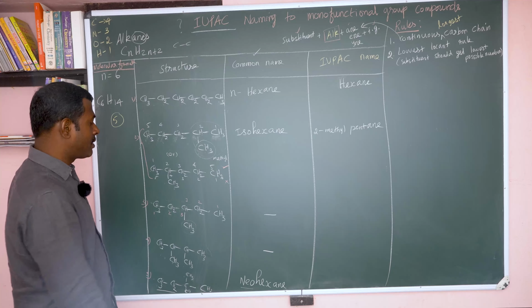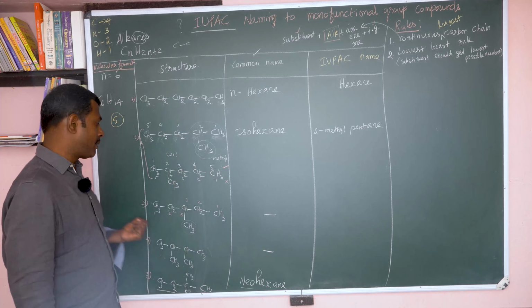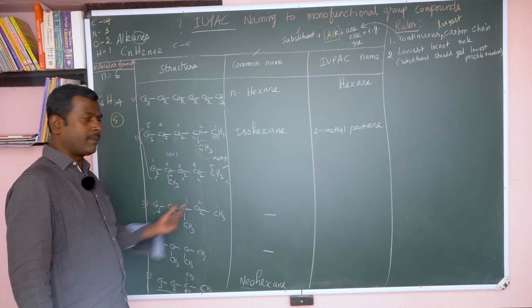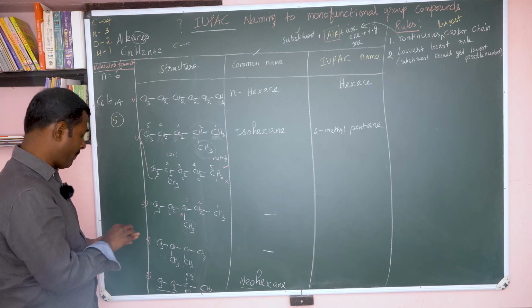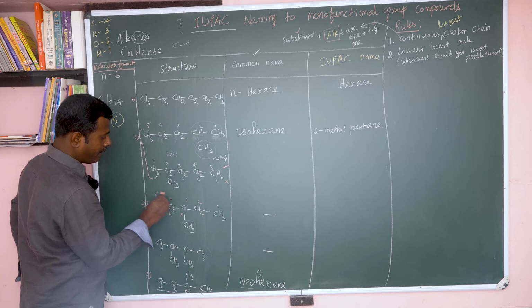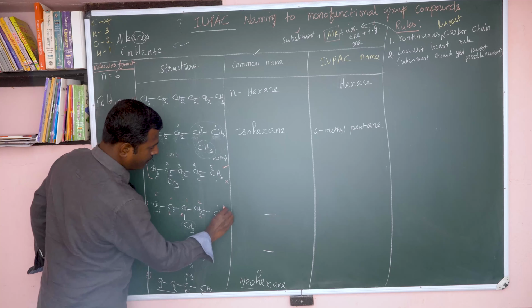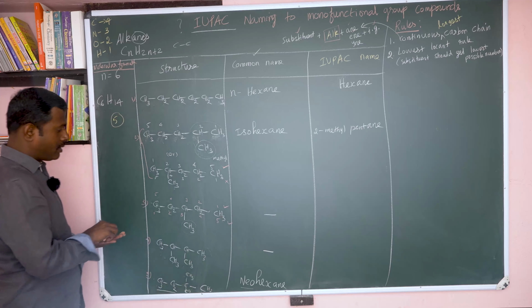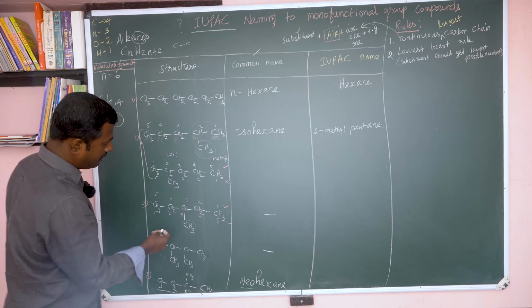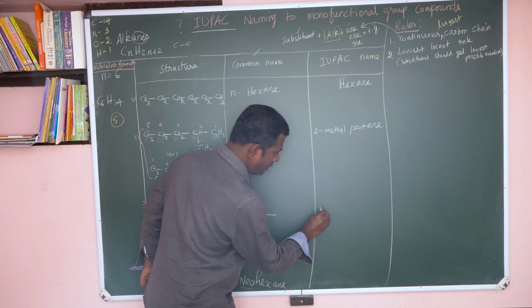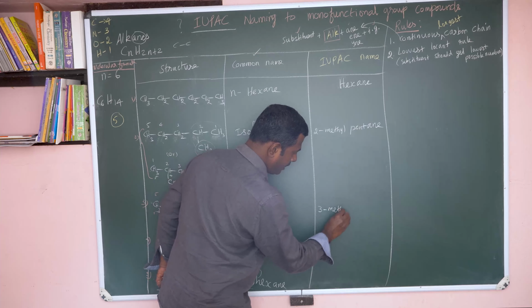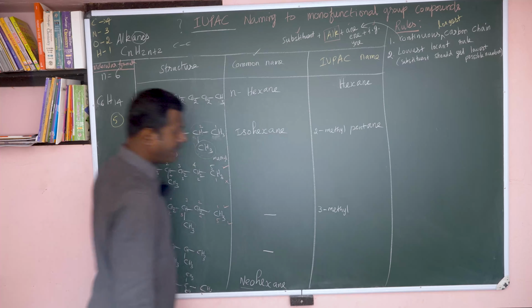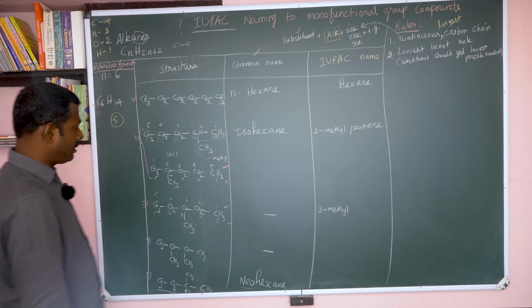So you can start from any terminal. Both are correct. There is a substituent group at the third carbon, so 3-methyl.